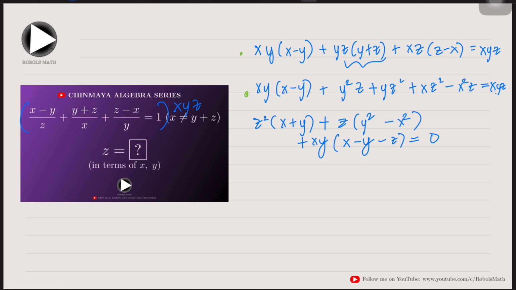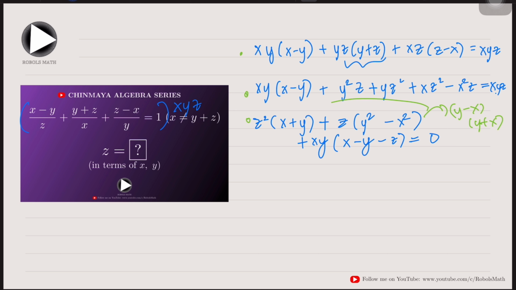So we have here the steps. And then we have here y squared minus x squared, and here we have x plus y. Recall that we can write y squared minus x squared as (y minus x) times (y plus x) using the difference of squares formula.